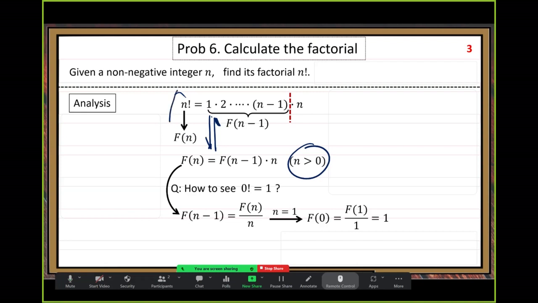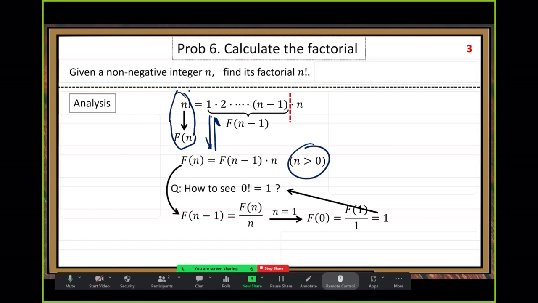In our original definition of the function, we may not have 0 factorial clearly defined. But here you can see, based on this formula, if we assume 0 factorial is 1, it is compatible with the original formula.